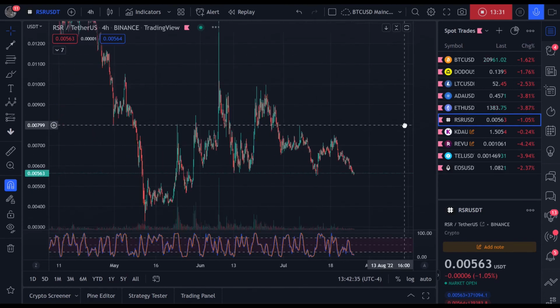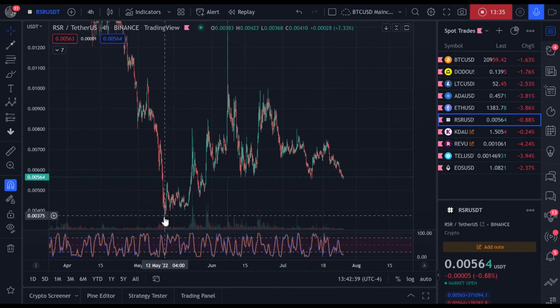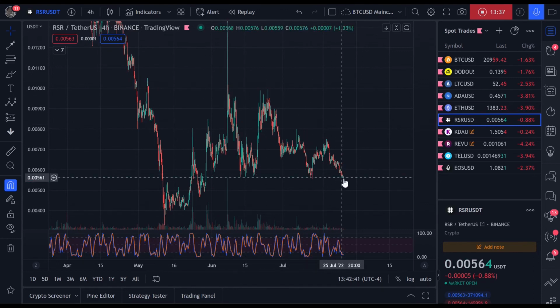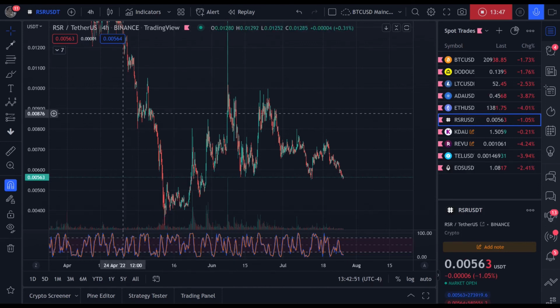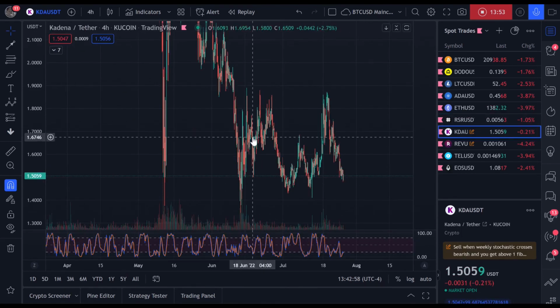Reserve Rights, as I said yesterday, is not in wave 2, so you don't expect this to be at the 618 of this wave. But it's pretty much holding its larger support, which is the wave 2 of this larger move right here. Okay, Kadena, same thing.